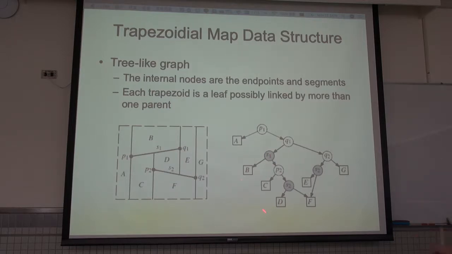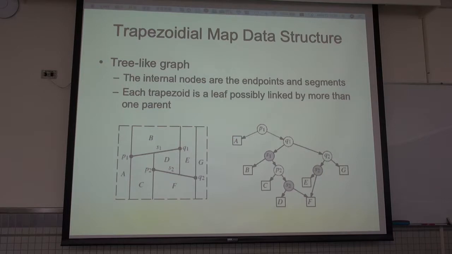It looks like a tree, so this is a tree-like graph. But this is really not a tree. Why? Because you can see this node has two parents, which is not possible in the tree data structure.